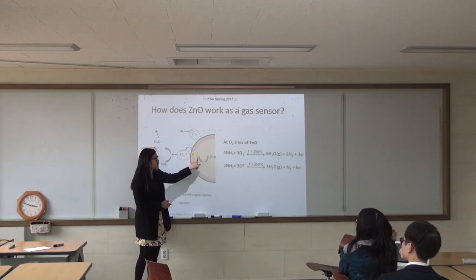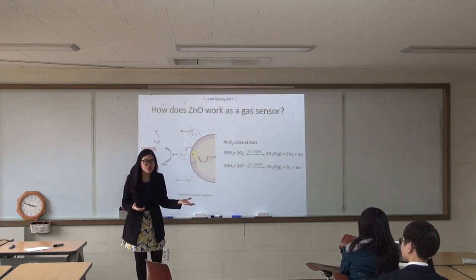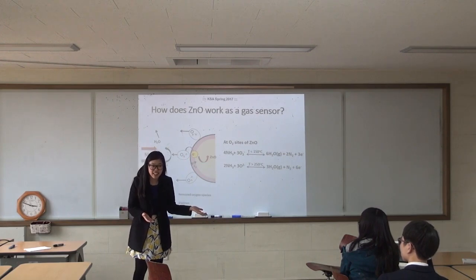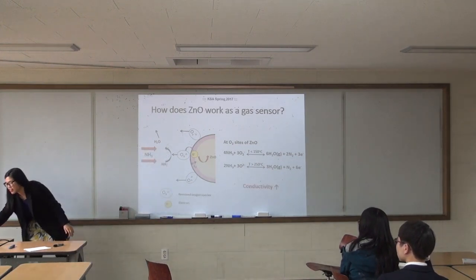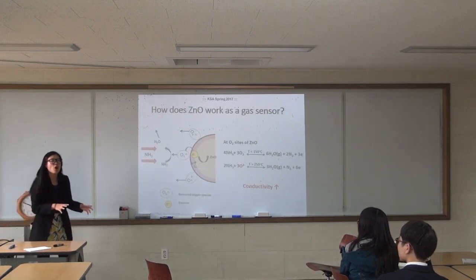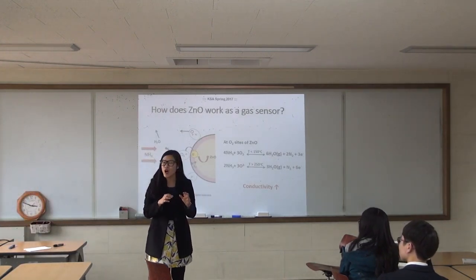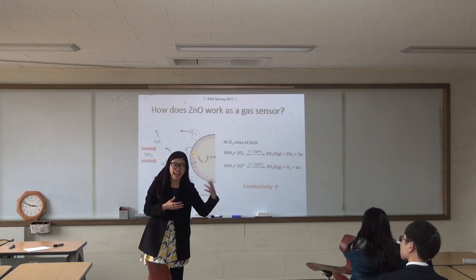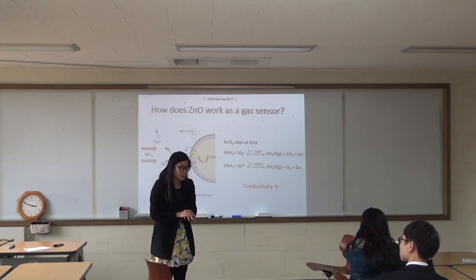When it releases the electron back, can you guess what will happen to the conductivity? Is it going to be higher or lower? Higher, right? So we use this change in conductivity, higher or lower, to sense the gas.